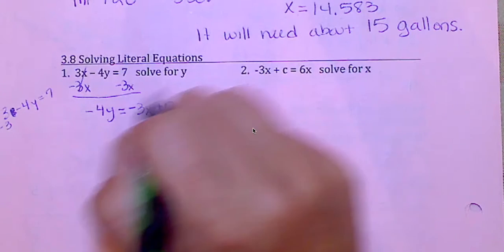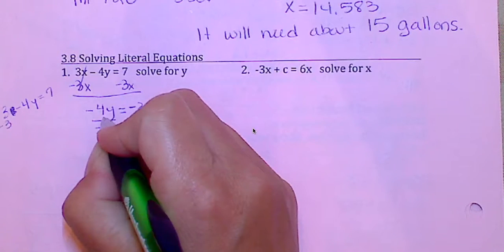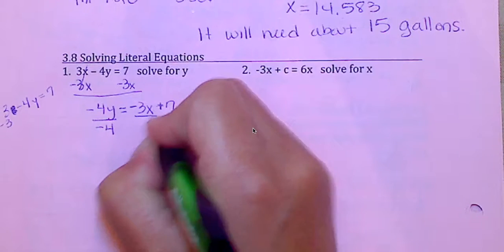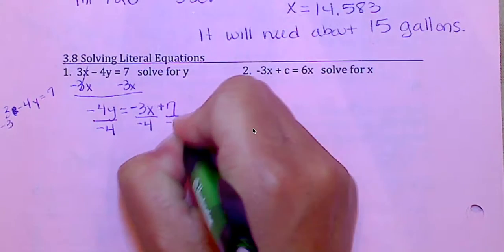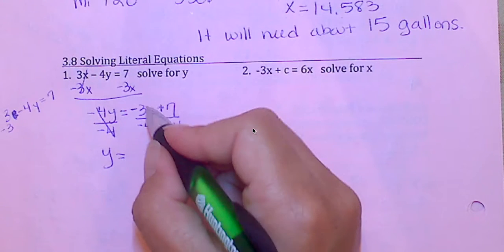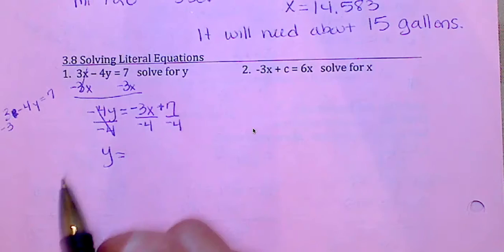Now we still need to get y alone, so we need to divide by negative 4. Now if I divide by negative 4, there's two ways you can do this. Divide the whole thing by negative 4, but what we're going to do is divide each piece by negative 4. So they'll drop out here, and we get negative 3x over negative 4, which is a fraction, which we can leave.